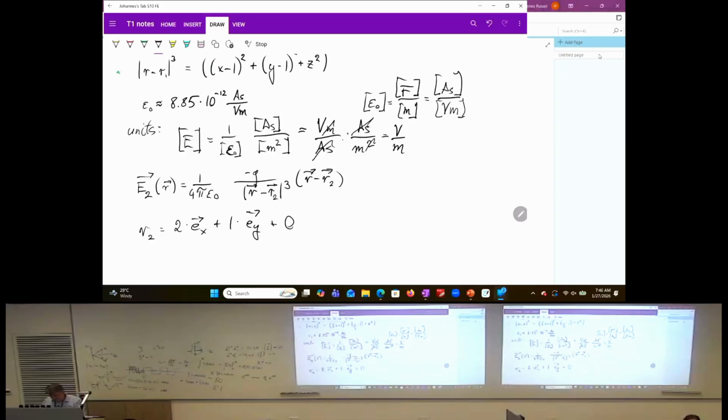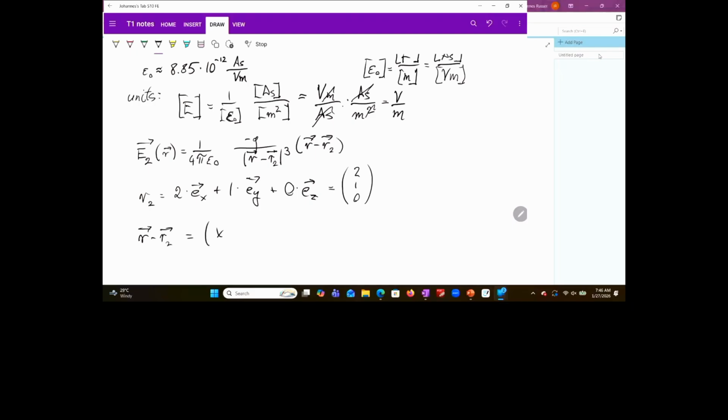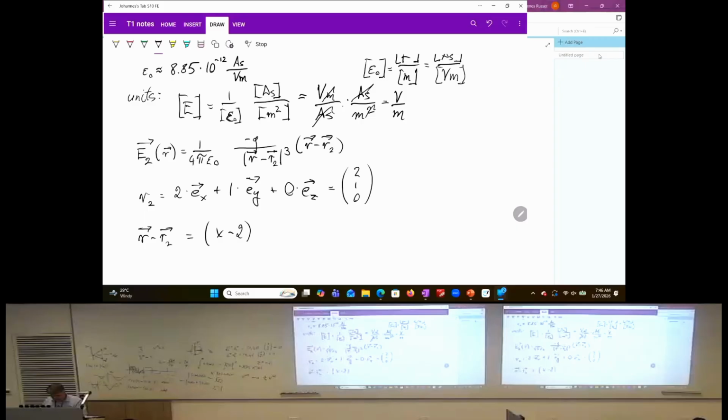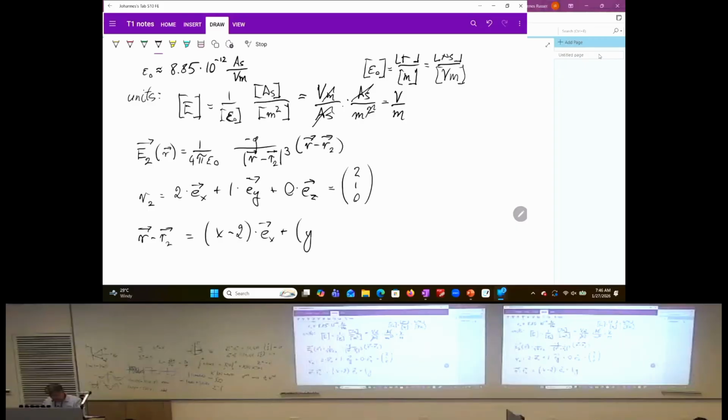That would be 2, 1, 0 if we write it as a column vector. So R minus R2 is then X minus 2 times EX plus Y minus 1 EY plus 0 times EZ.